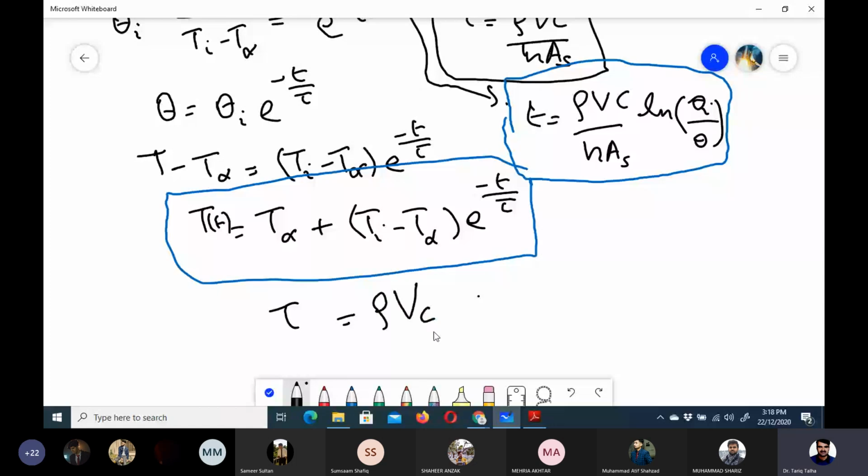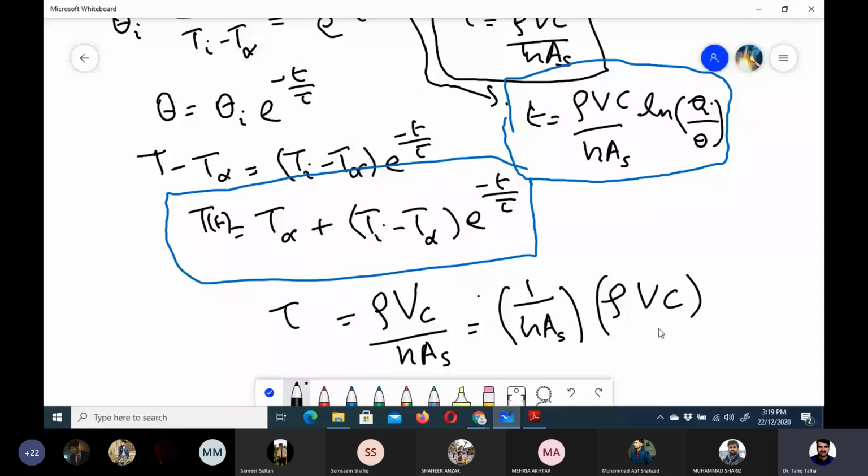I can write it in a rearranged form: 1 upon HAS, and this is rho Vc.